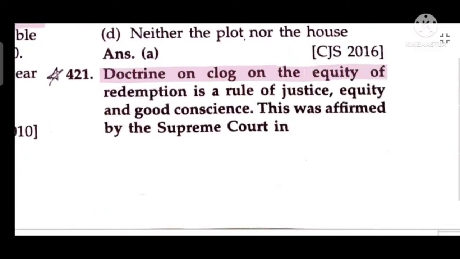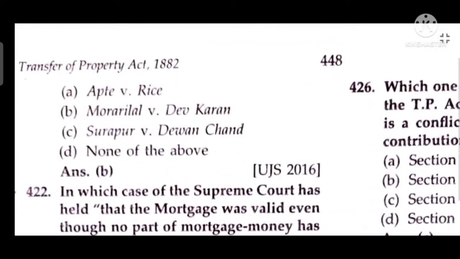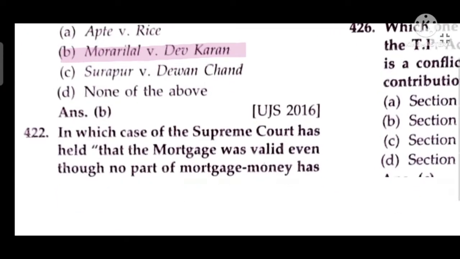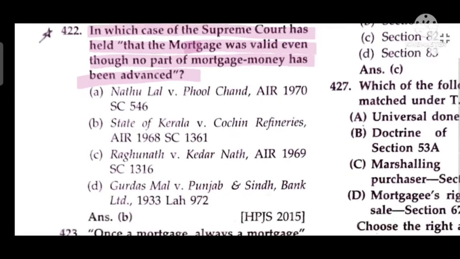The doctrine of clog on equity of redemption is a rule of justice, equity and good conscience. This was affirmed by the Supreme Court in Murli Lal versus Dev Karan, in which case the Supreme Court has held that the mortgage was valid even though no part of the mortgage money has been advanced.